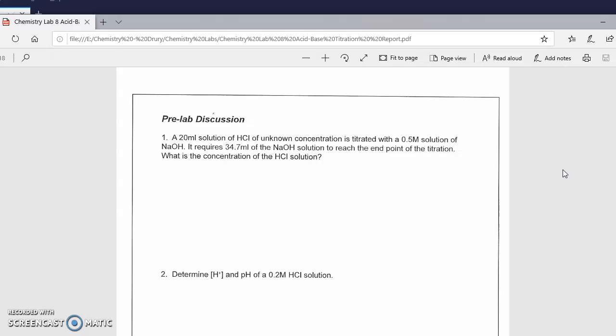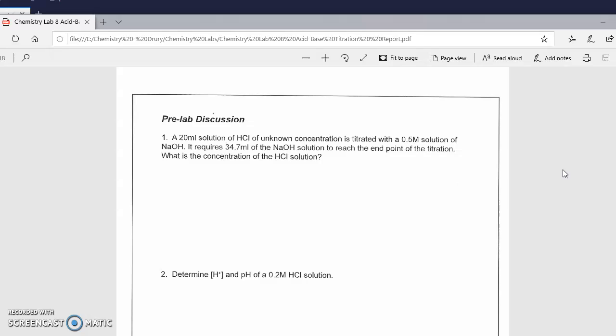0.017 moles of NaOH. So you've got 0.017 moles of that, and you added that to 20 milliliters of HCl.